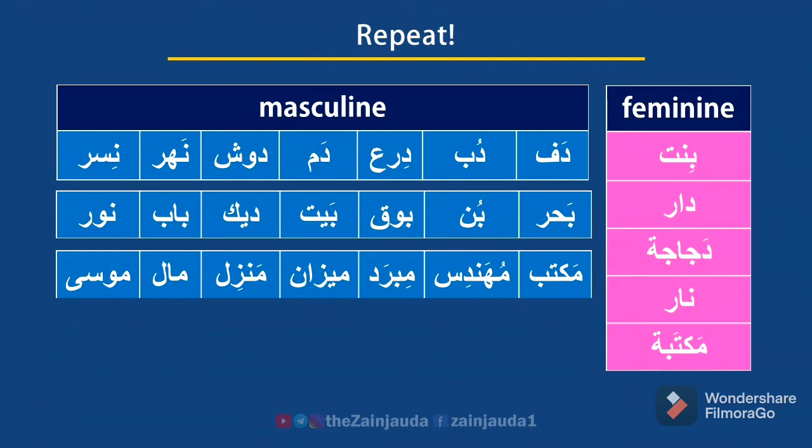For those who have no idea about syllables, we have tackled this in lesson number 2, so please check it out. مبرد, two syllables. ميزان, two syllables as well. منزل, two syllables as well. مال, one syllable. موسى, two syllables as well.